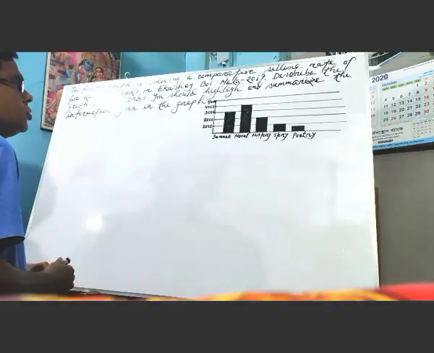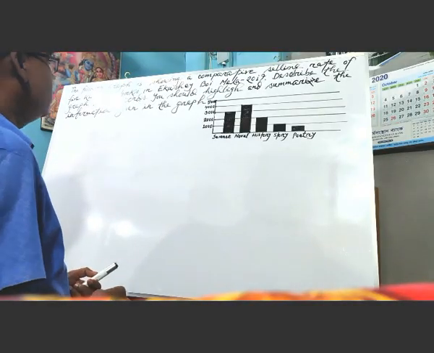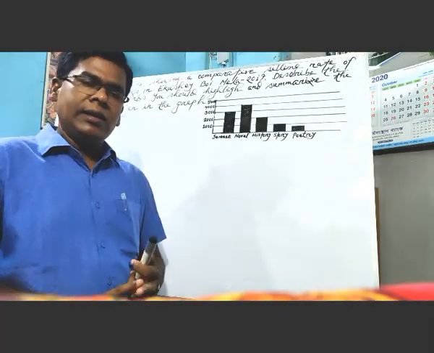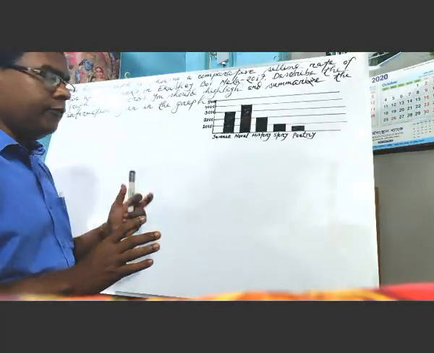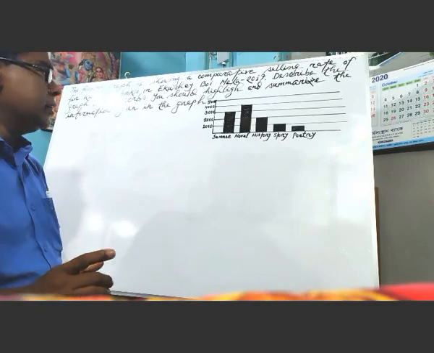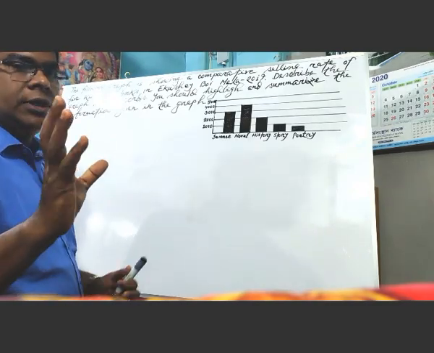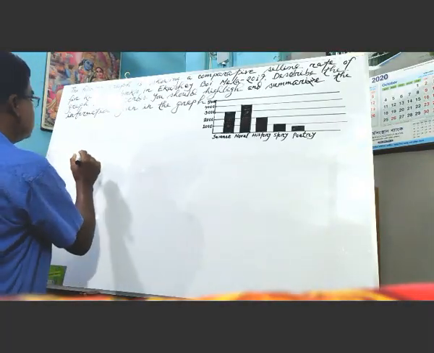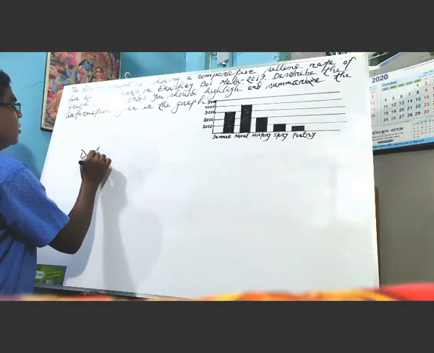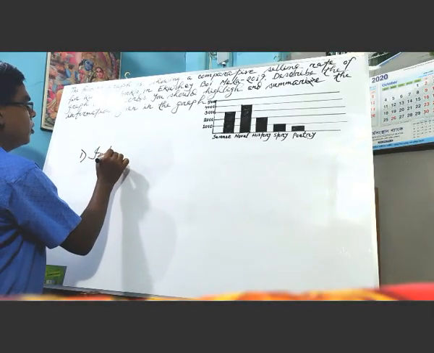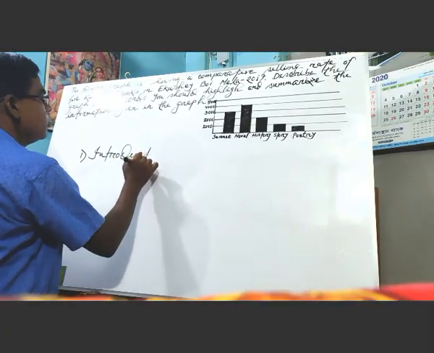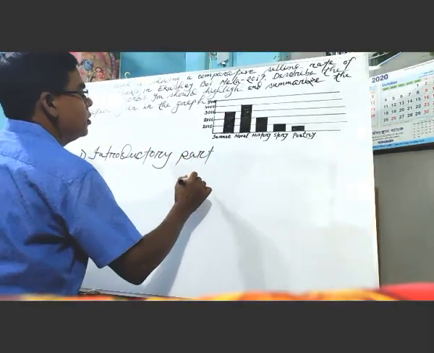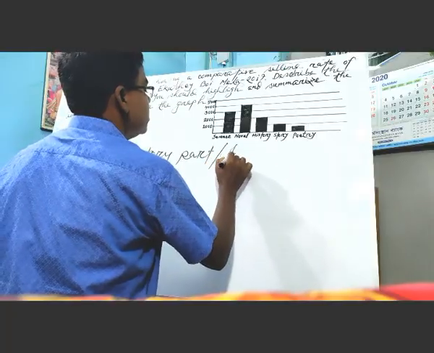Okay, so now student, I am showing you there are some techniques. At the time of writing or describing a graph chart, you will have to remember that there are 3 parts in a graph chart. One is the introductory part or introduction.